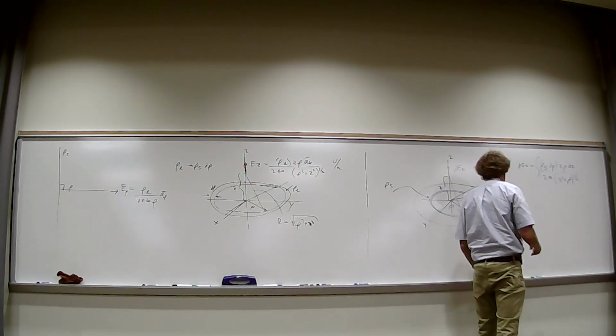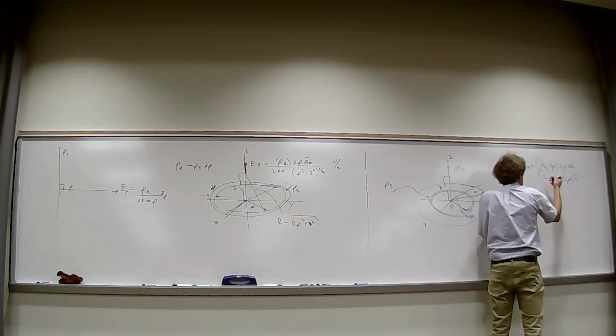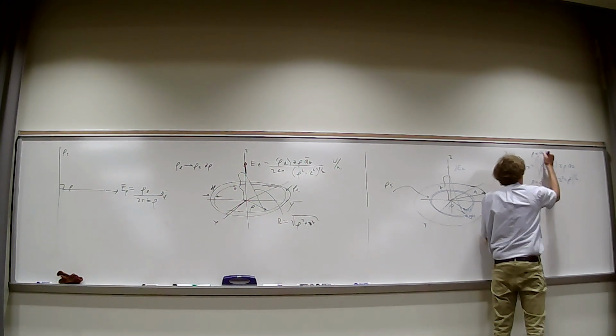And I might as well get rid of the differential. Now I'm talking about the actual electric field at this point. And Ez would be this differential electric field integrated from rho equals 0 to rho equals A.